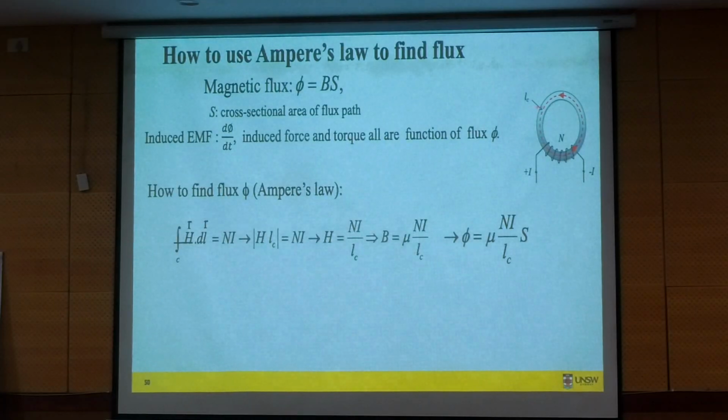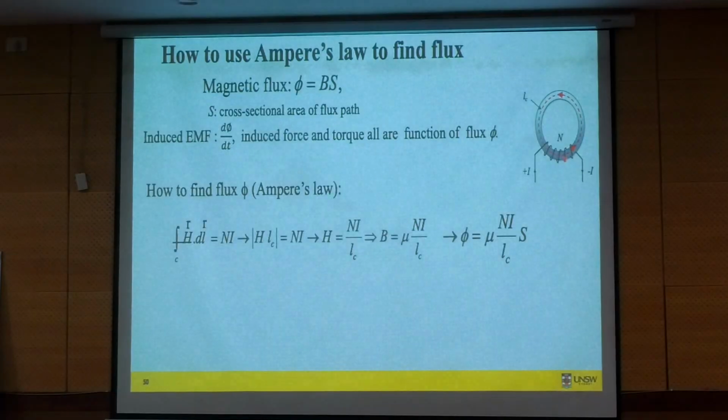So if we consider this very simple magnetic circuit, we have an iron ring, and let's say we have a coil here, and current is passing through this coil. It has N turns in this coil. And when the current passes through this coil, it is going to induce magnetic flux. And if this ring is an iron ring, then the flux should be flowing in this ring. Okay?